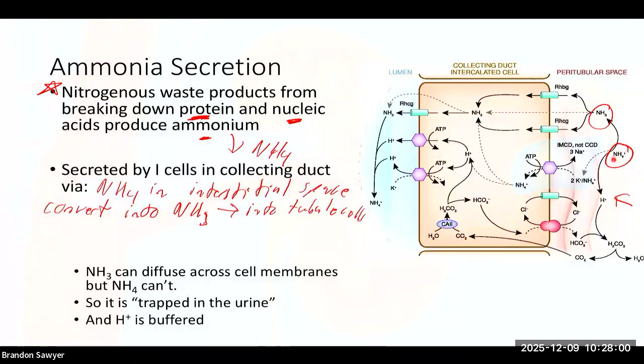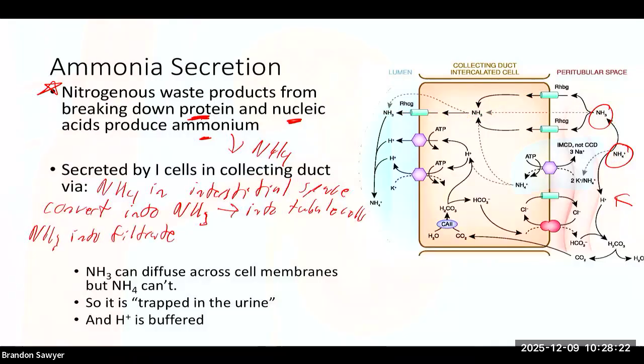So we see that happening right here: NH4 converted into NH3 gets into the tubule cells. It's NH3 here, and then we can again move that across the membrane in the form of NH3, and now we've got it into the filtrate. So NH3 into the filtrate.